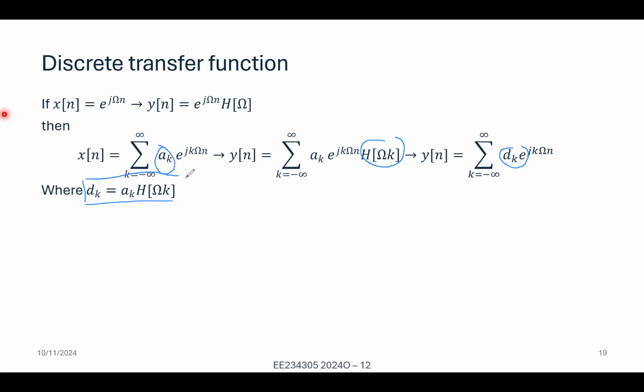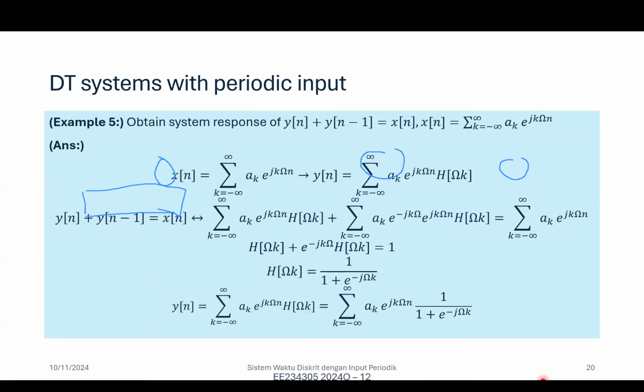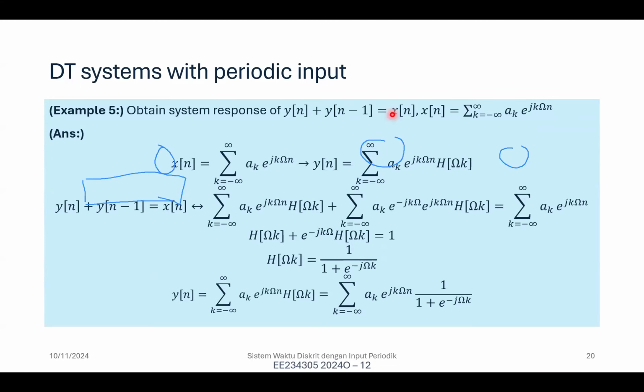Okay, so this is the main point here. Let's look at some examples. Example 5: obtain the system response of yn plus yn minus 1 equals xn, where xn is a periodic signal with Fourier coefficient ak.